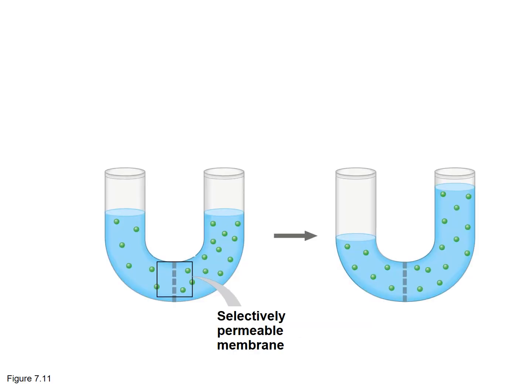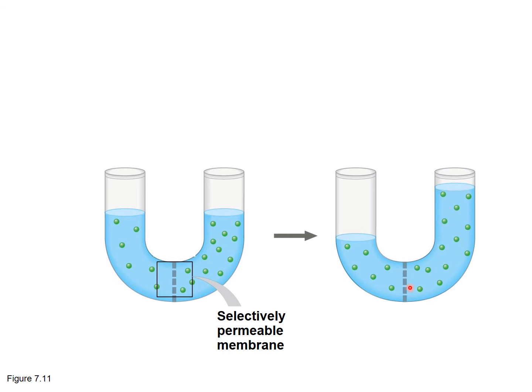If we look at what happens over time, we can see what's going to happen. I already described that the water should move at a higher rate towards the right, and the green solute molecule is not allowed to cross the membrane, so that's not going to move at all. At equilibrium, what we want is the same amount of solute per volume of solution.